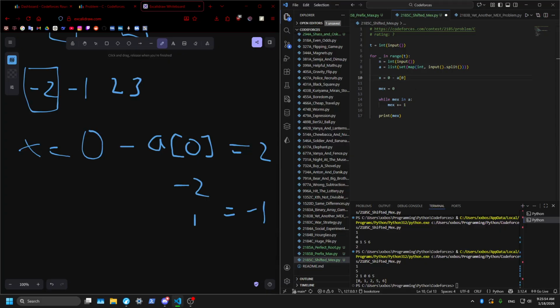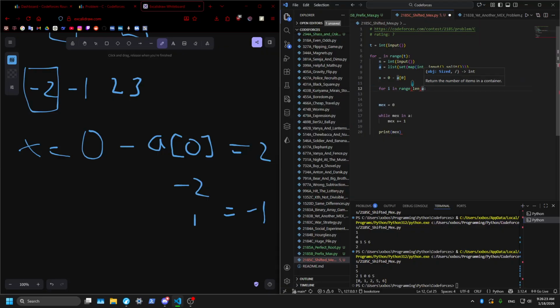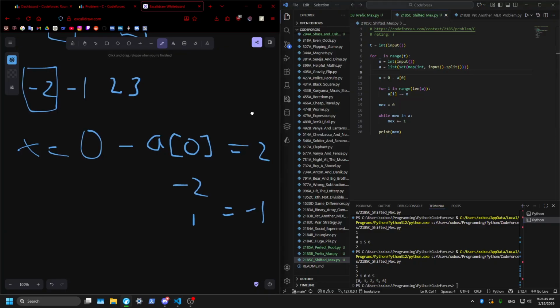So then for I in range len A, A[I] minus equals X. Minus equals or plus equals?